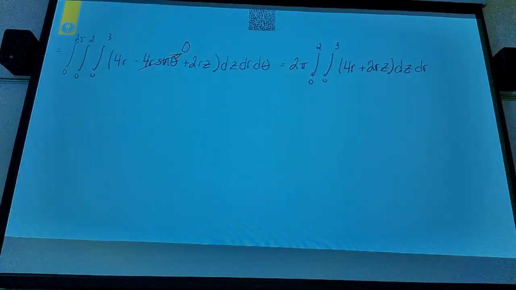You know what? I'm going to factor that r back out. No, that should have been a 4r squared there, though, right?